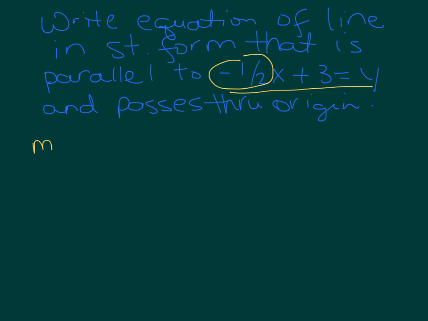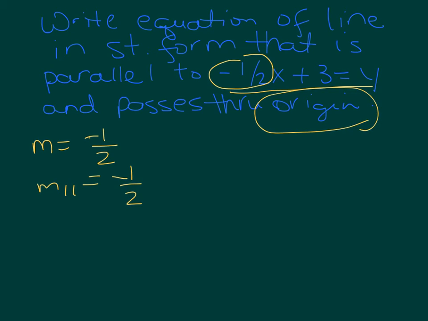So if the slope of that line is -1/2, the line parallel to it is exactly the same, so it's also -1/2. And the line passes through the origin. Well, at this point, you should know the origin is (0, 0). So we have -1/2 equals y minus 0 over x minus 0.